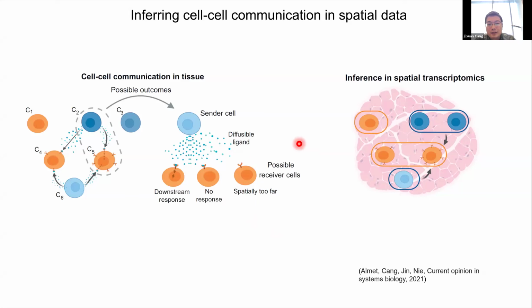And then there are also some cells that express membrane proteins. Many of them we call the receptors that can bind to some of the compatible diffusible ligand. And once a receptor receives a compatible ligand, it will cause some structural changes and probably trigger some downstream processes inside the cell.